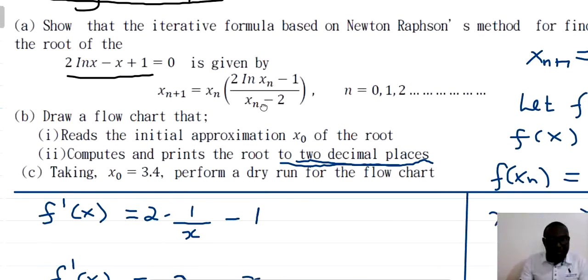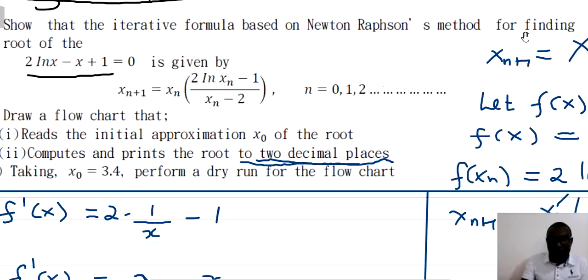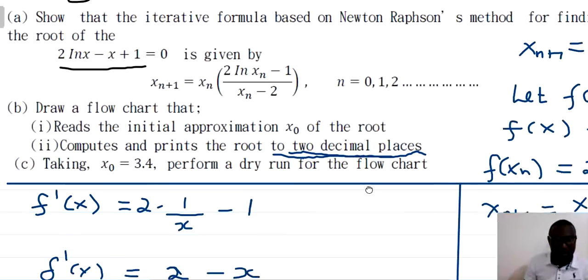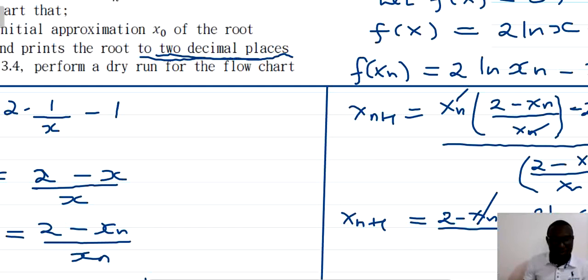The purpose of our question is to find the root of the equation this. Alright, so the purpose is found in the first statement. So it computes, the flowchart computes and prints the root of this equation to how many decimal places? 2 decimal places. So that means we have to make that conclusion properly.